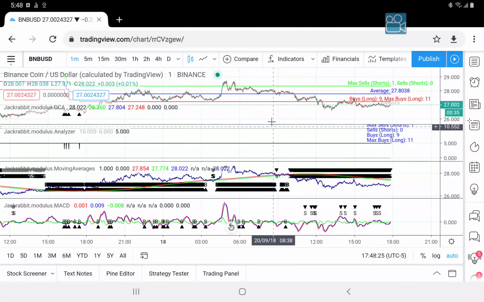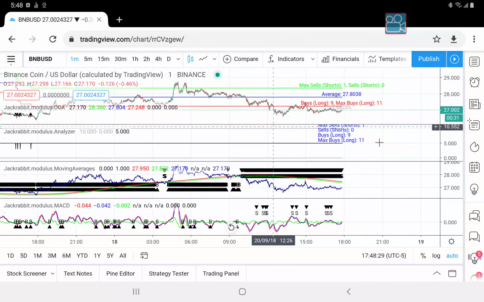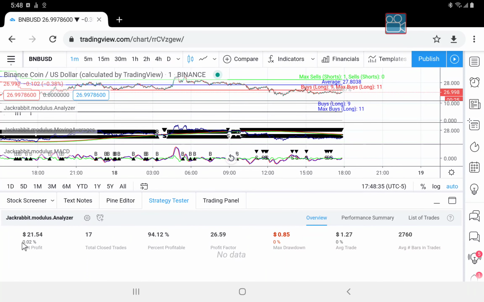Even with all that traffic, only 11 positions. So let's see how it looks. $21 on the 1 minute for 11 positions. That's not bad, and it's not out of control. Something that really is a very good sign.